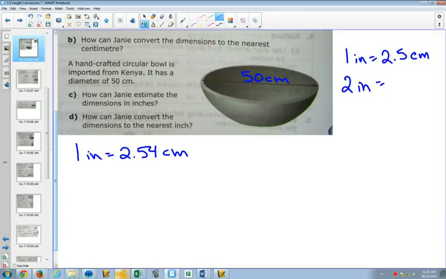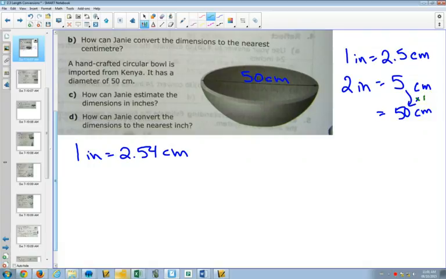If 1 inch is 2.5 centimeters, 2 inches will be 5 centimeters. Now, once you have that, these are whole numbers. Maybe you can figure out a way to get to 50 centimeters from 5. What would you need to multiply by? 10.